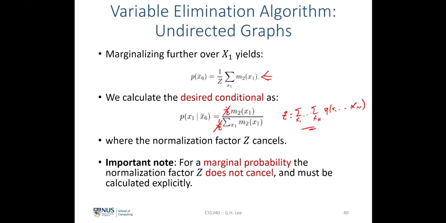Note, however, that if we wish to compute the marginal probability, that is to say, if we are simply interested in the joint probability of x1 and x6 bar, then we would have to compute the partition function, because the joint probability distribution of x1 and x6 bar is simply given by the message of m2 x1 divided by the partition function.